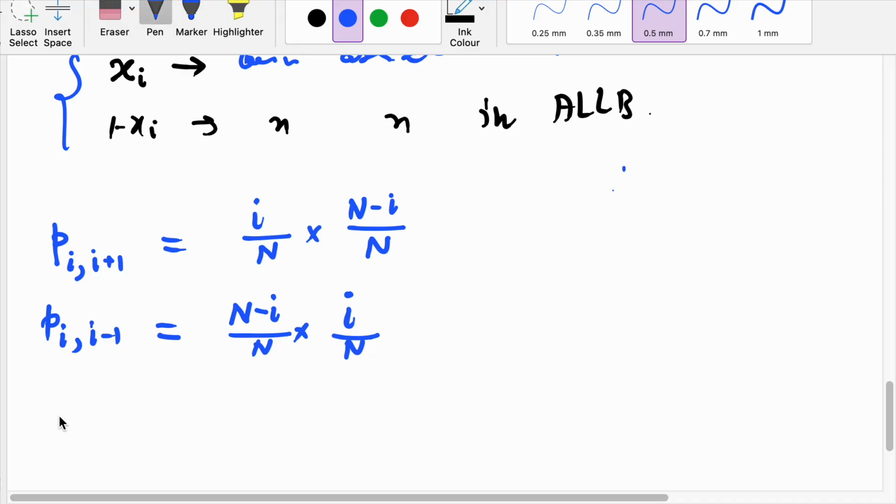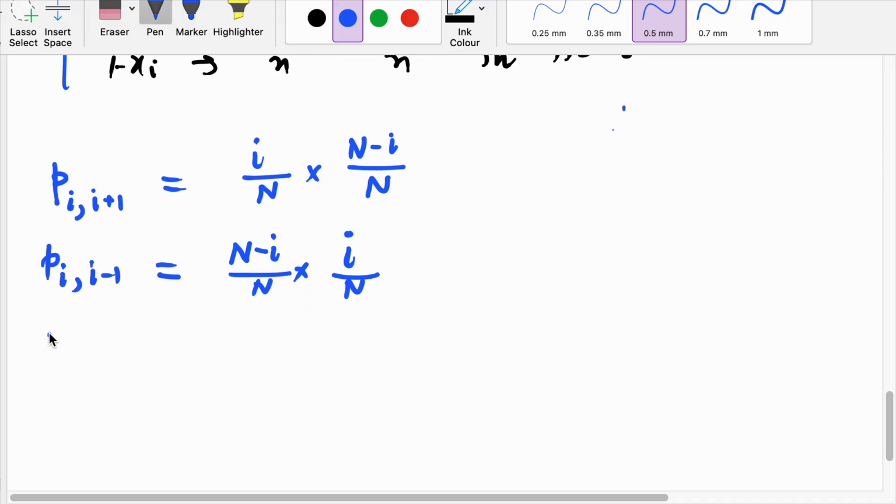Then what is the probability of remaining at the ith state? And how did you get this p i comma i minus 1? What does it mean, how can we go backward from i to i minus 1? Similarly, if I take one B individual to reproduce and one A individual to die, it should have been i minus 1 to i rather than i comma i minus 1.